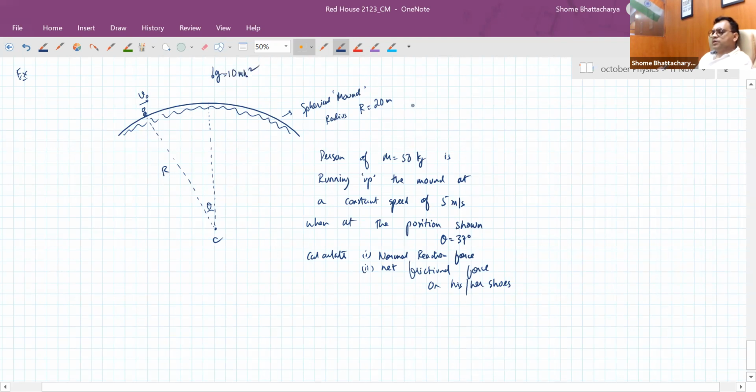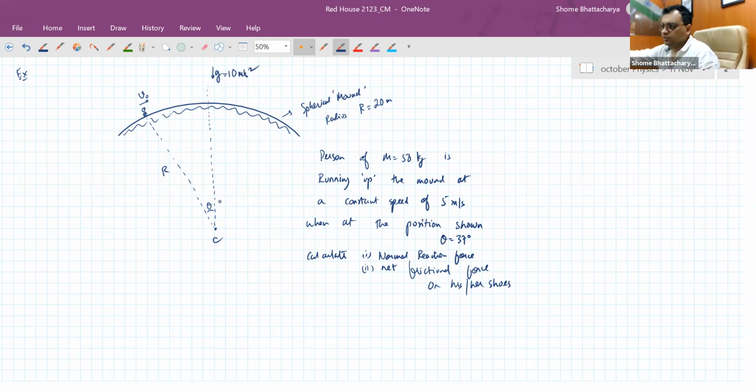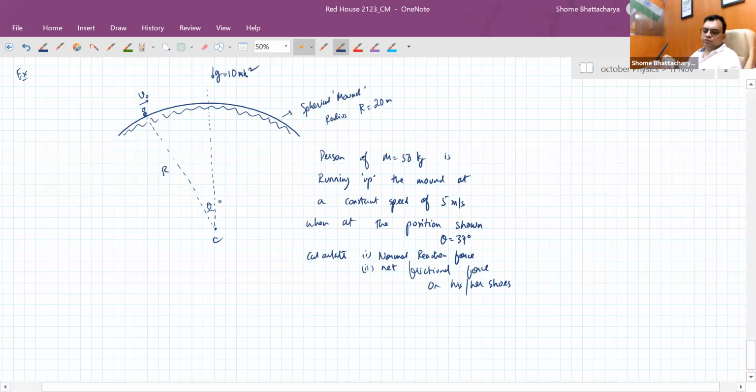So when he's at this position where his angular position with respect to the vertical is 37 degrees, you have to make the free body diagram and understand how the forces of friction and normal reaction will be adjusting in such a way that he is able to move, running along the spherical surface up the mound at a constant speed of 5 meters per second.